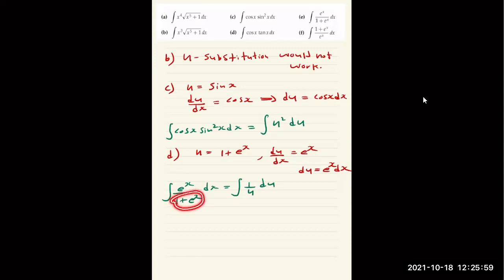So you have 1 over u times du. Again, this is an integration that you are familiar with. You know how to integrate functions of this form, so you can integrate that. Make sure that you obtain the final answer and make sure that you back substitute for u to get the answer in terms of x.